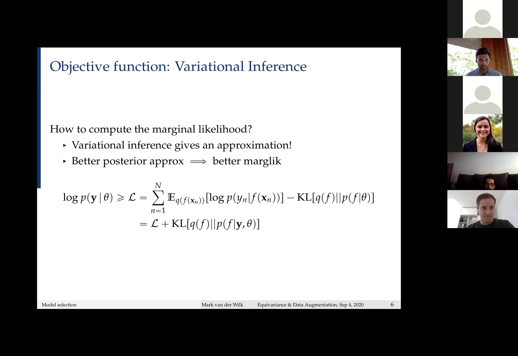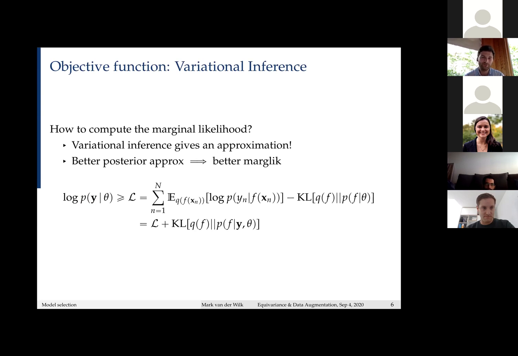So how do we actually compute this, even for a shallow model? Well, we use variational inference. And what's interesting about variational inference is that it gives us an approximation to the marginal likelihood, or to the log marginal likelihood specifically, which is related to the quality with which we approximate the posterior distribution over the weights of our function.